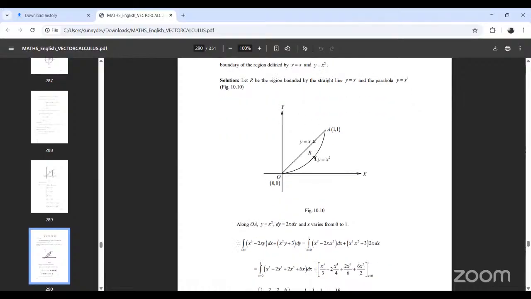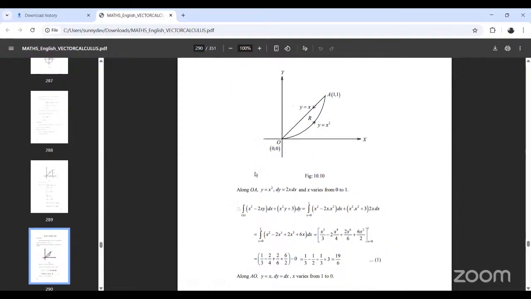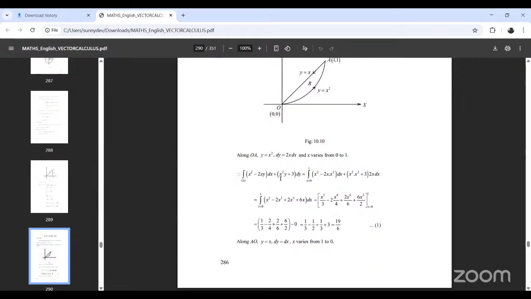So this is y equal to x and y equal to x square, from 0 comma 0 to 1 comma 1. Since y equal to x square, dy equal to 2x dx, and x varies from 0 to 1. So completely we have to change in terms of x. In place of y, we substitute x square, and in place of dy, we substitute 2x dx.